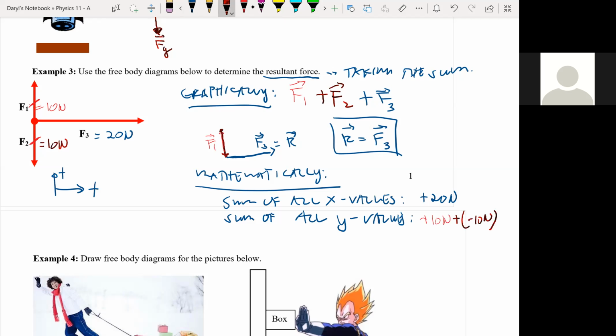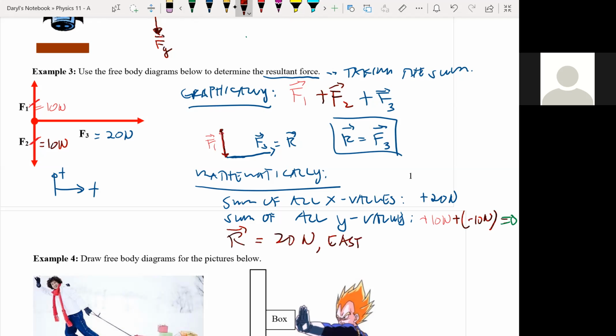If you add that up, that gives you 0. So therefore the resultant is just equal to 20 newtons to the east. It's east, right? Okay.